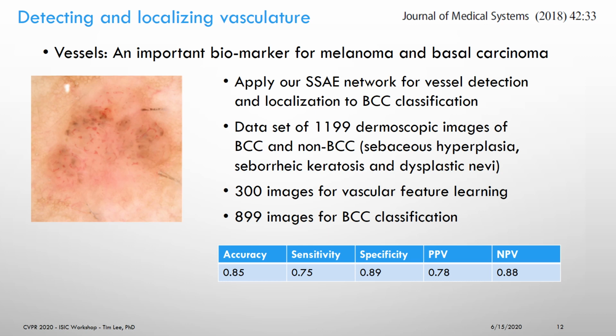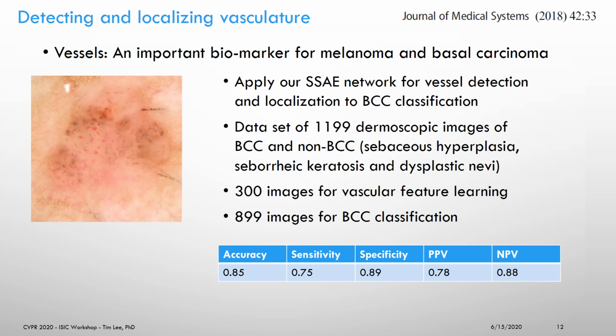In a study of almost 1,200 dermoscopic images of BCC and non-BCC, the latter include sebaceous hyperplasia, seborrheic keratosis, and dysplastic nevi. We used 300 images to learn the SSAE features for the vasculature detection, and the remaining almost 900 images for BCC classification.